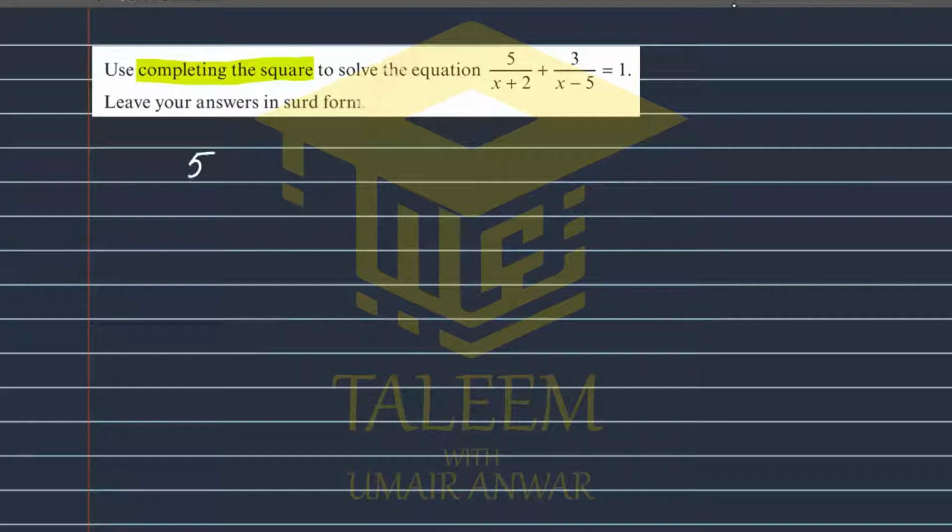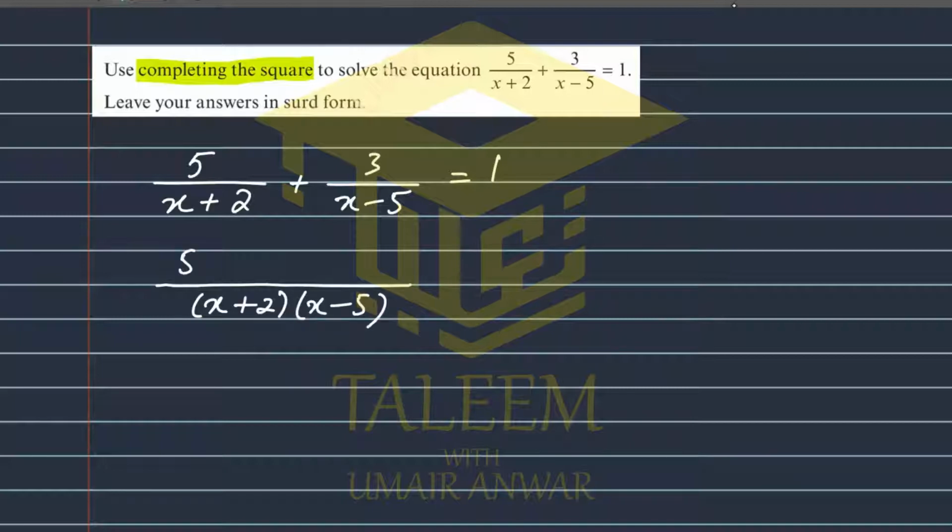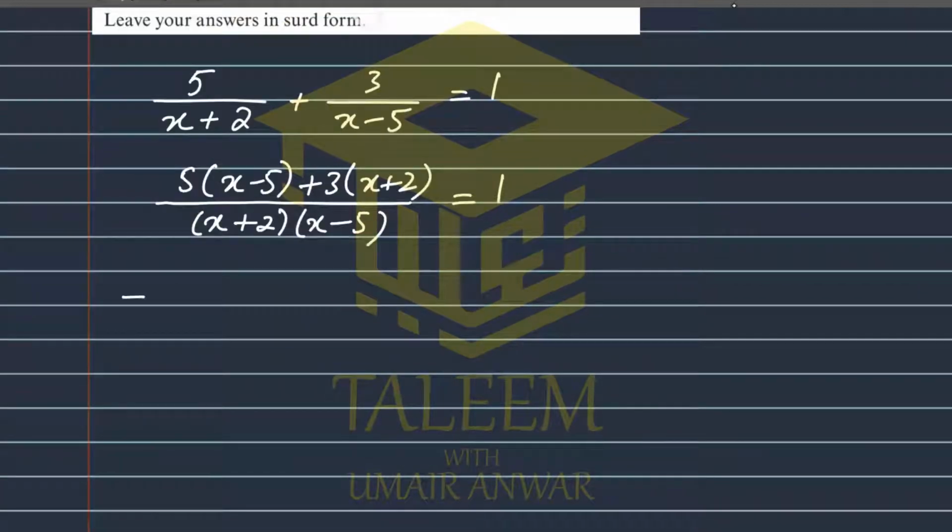So I'm starting my solution by writing down the same expression which is given to us in the question. It is 5 upon x plus 2 plus 3 upon x minus 5 is equal to 1. So the first thing that we will be doing is we will take an LCM, and 5 times x minus 5 plus 3 times x plus 2 is equal to 1. And then we move the denominator to the other side, multiplying also in the numerator. So it becomes x plus 2 times x minus 5.